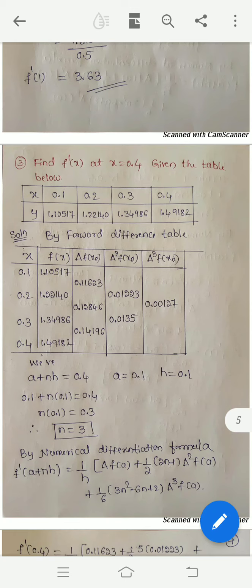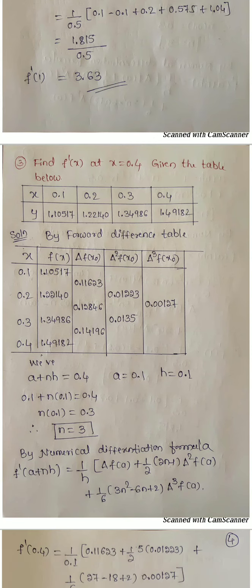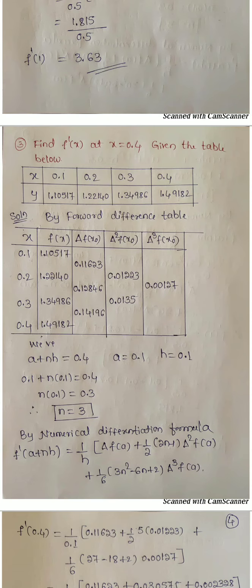So the x values are 0.1, 0.2, 0.3, 0.4. Similarly we write down the y values here. If you observe the x values, they are at equal intervals, that is in every step the difference is 0.1. We construct the first order difference, that is delta f of x naught.